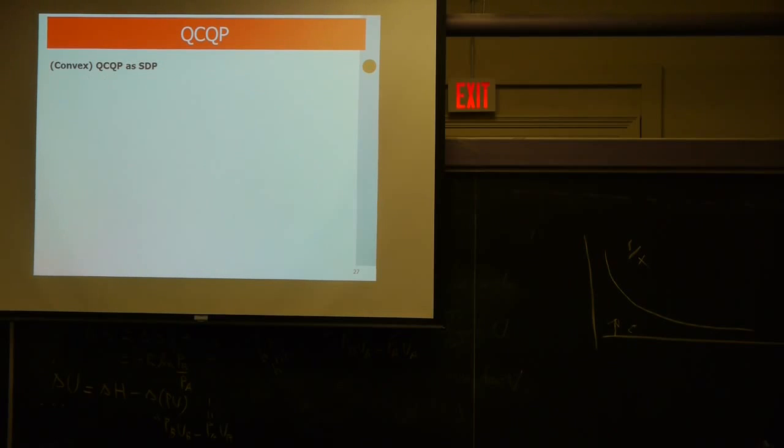Okay, so the answer is that it's NP-hard. And it's very easy to see, because integer programs are special cases of this. So if you have integer constraints, 0, 1, I can just rewrite these constraints as x(x-1) = 0, which is bigger than or equal to 0 and smaller than or equal to 0.